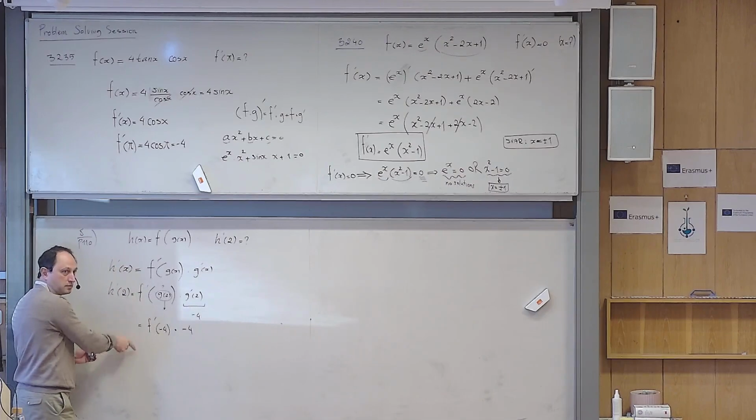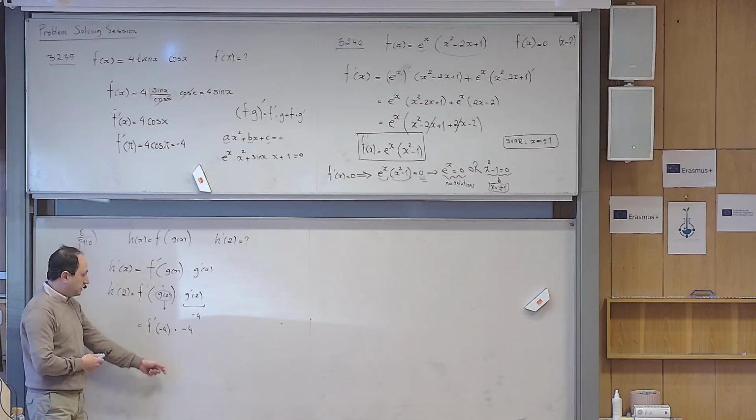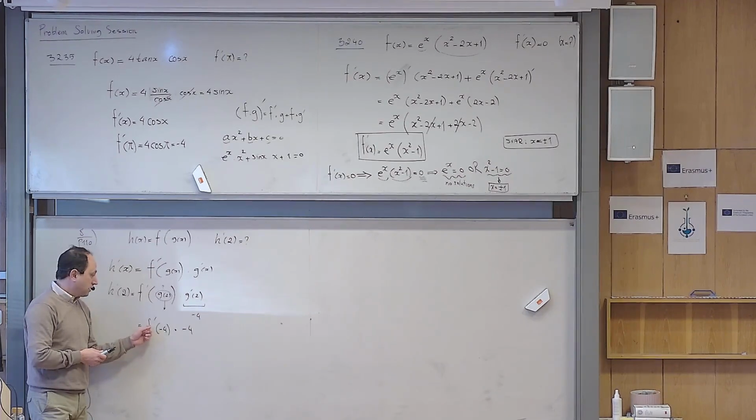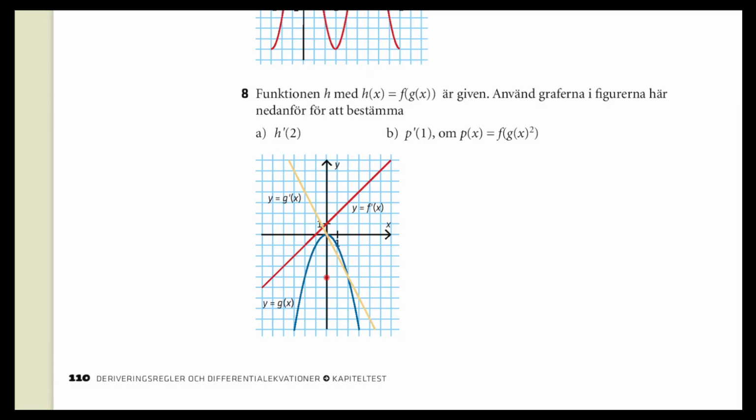Is that understandable, what I'm saying? Yes or no? Yes. Okay. But this is not finished yet because I need one piece of information here. And which graph is useful for this one? The graph of f prime, which in this case is the red one. But f prime at which point? At minus 4. So this is minus 1, minus 2, minus 3, minus 4.